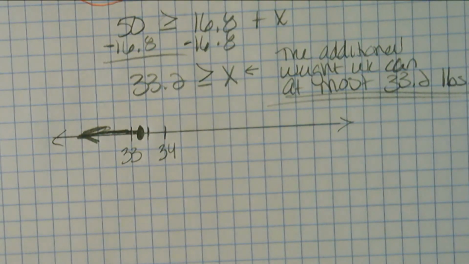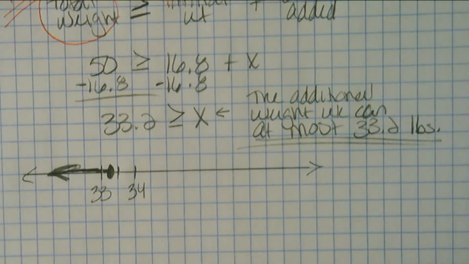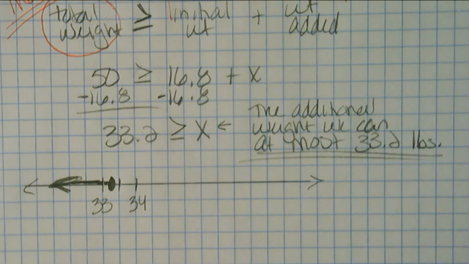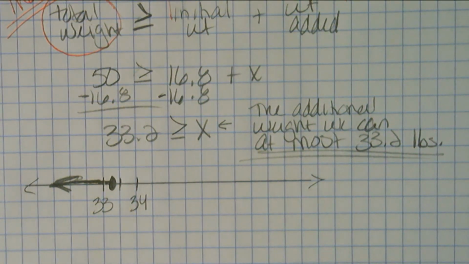Al, you have that look on your face again. You can say is. You just can't say only that. Like what Joseph said, the additional weight is 33.2 pounds. But that's not true.